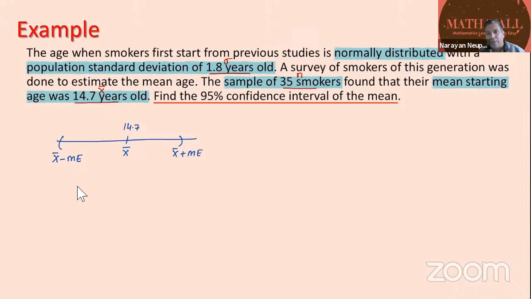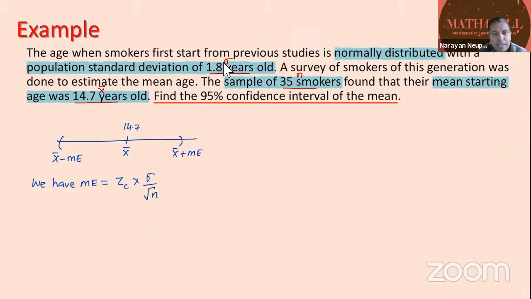If we know the margin of error, then we can add and subtract that margin of error to get that confidence interval. But what we know is, let me write, the margin of error is given by this formula. Margin of error is equal to z sub c multiplied by sigma over square root of n. That is the formula from the previous slide.